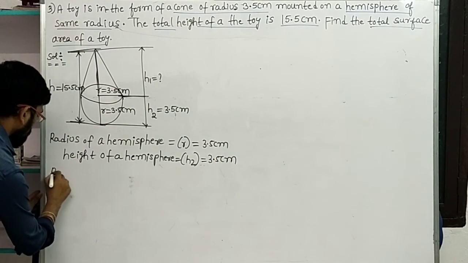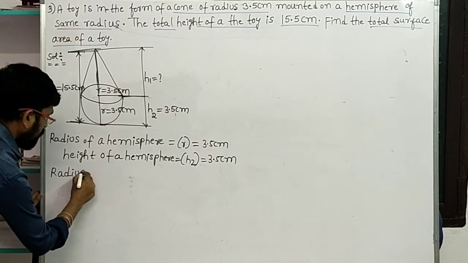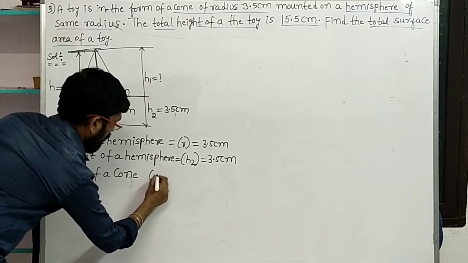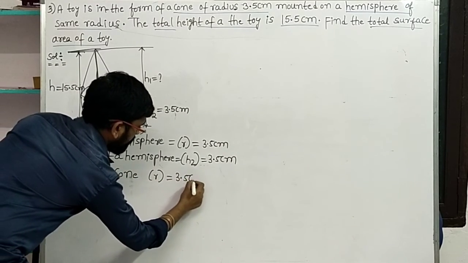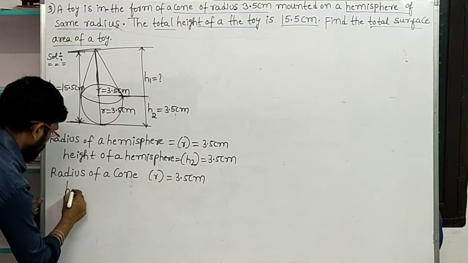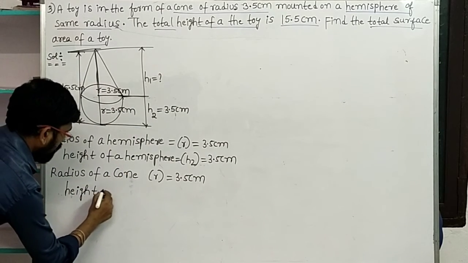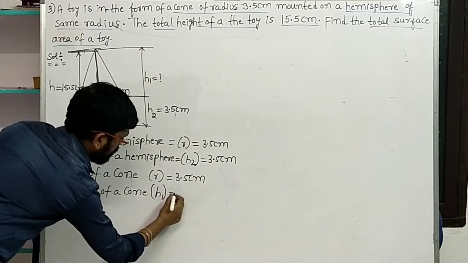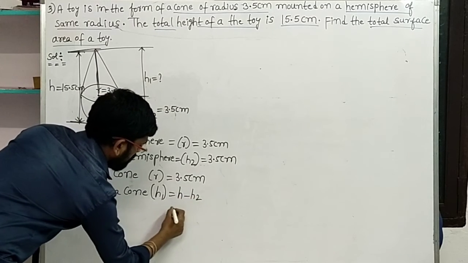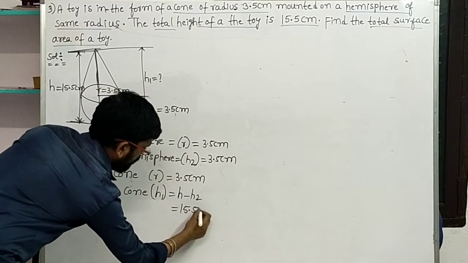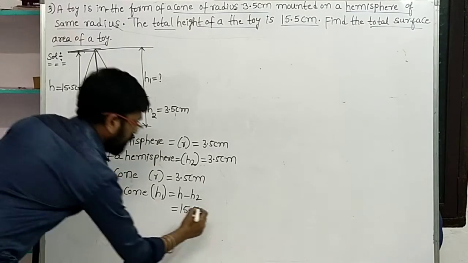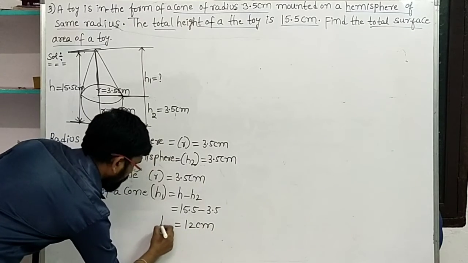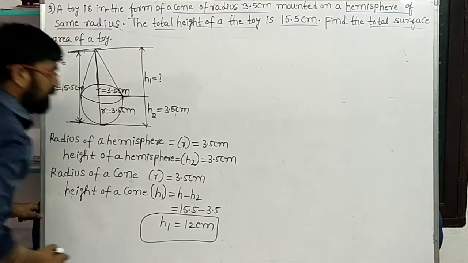The radius of the cone is r equals 3.5 centimeters. The height of the cone h1 equals h minus h2, which is 15.5 minus 3.5, so it will be 12 centimeters. h1 equals 12 centimeters.